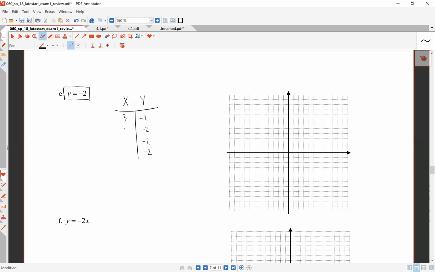So 3, negative 2, 5, negative 2, 7, negative 2, 9, negative 2. So all of these points on here, you would put on the MyMathLab, you'd put a point there where y equals negative 2, and then maybe a point there where y equals negative 2. And then it would continue. It would go ahead and make your line for you.